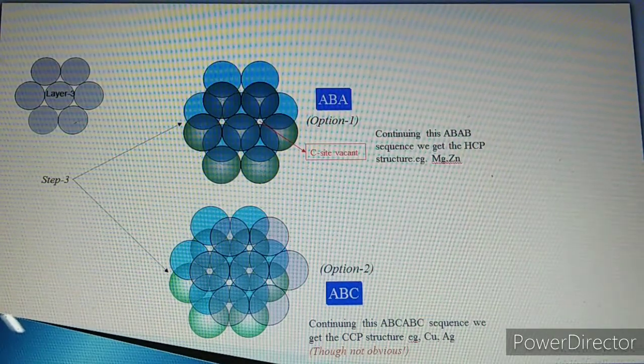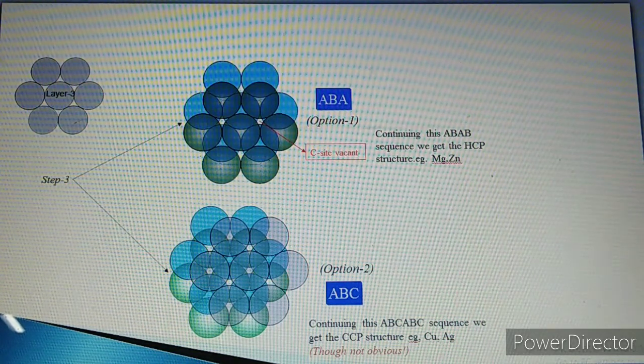See option number 2, that is the second option. The second way of placing the third hexagonal close packed layer on the second is to cover the octahedral voids by the spheres of the third layer. So whatever voids are uncovered, formed by overlapping, are called the octahedral voids.